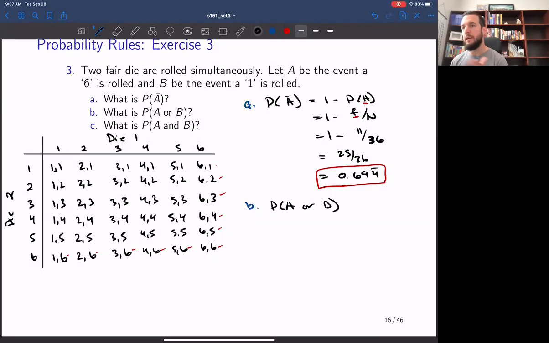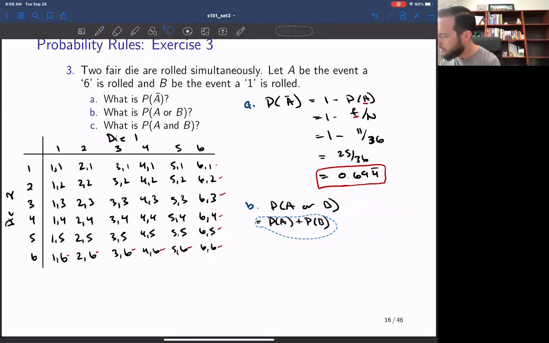So A and B in this situation are intersecting events. They can happen simultaneously. So we can observe 6, 1, or we can observe 1, 6. All right, so this is going to be the probability of A plus the probability of B minus the probability of A and B.